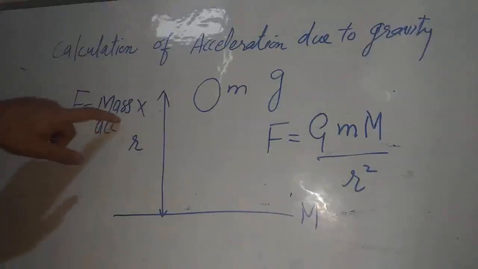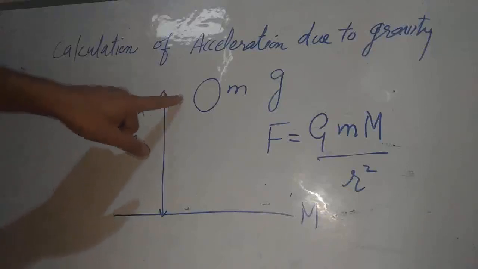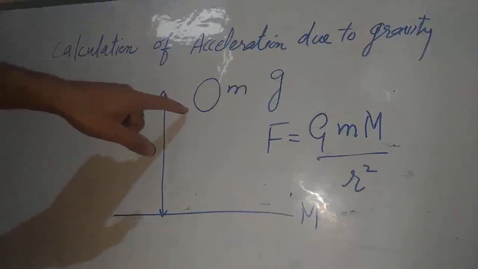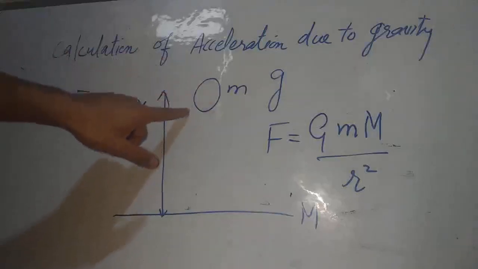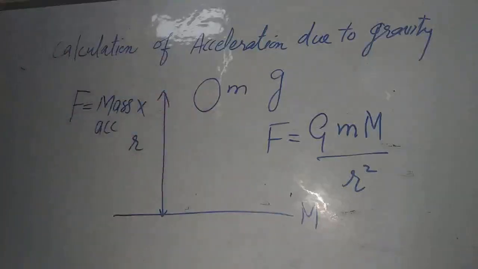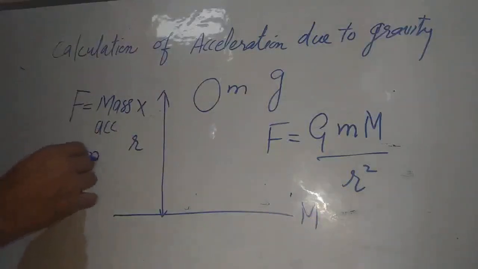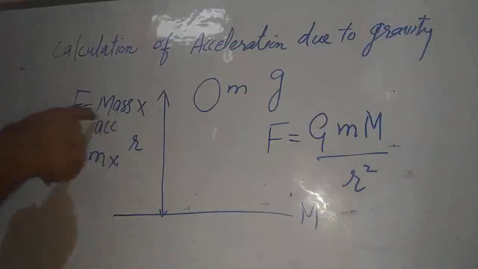This is acceleration due to gravity, because we have dropped this object, and the object has accelerated because of gravity. So I can write F here as m times g.